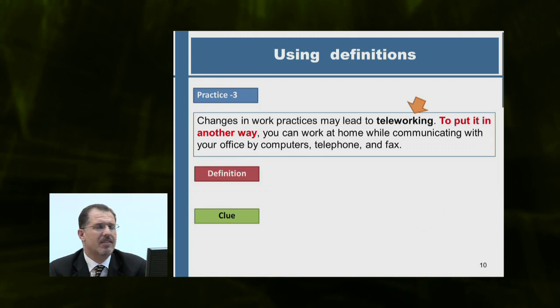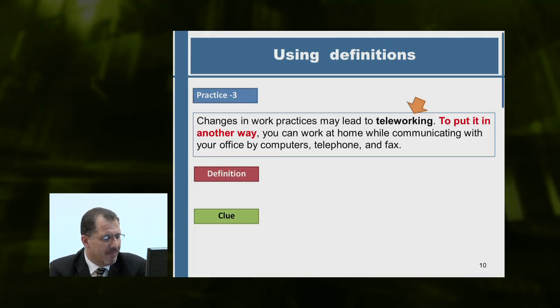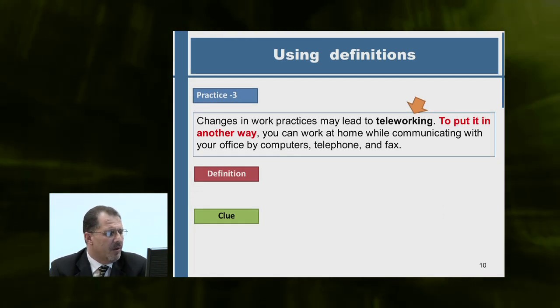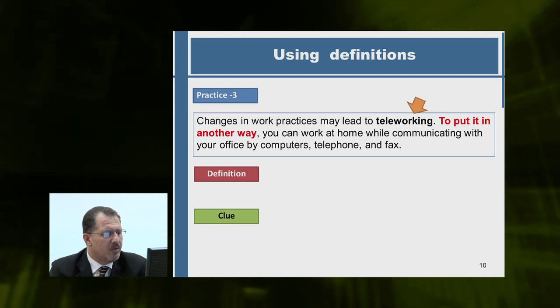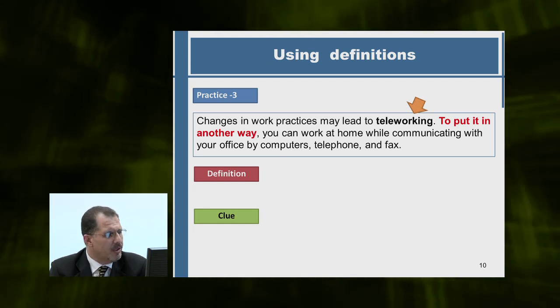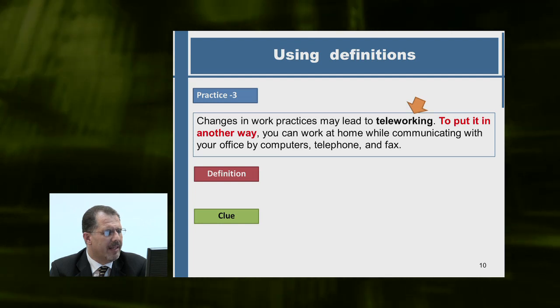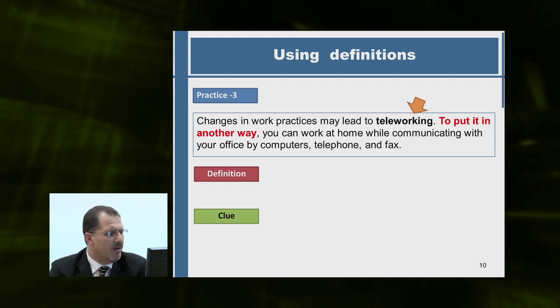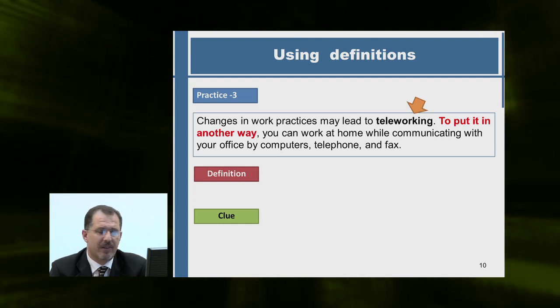Okay, now let's go to practice 3. Changes in work practices may lead to teleworking. To put it in another way, you can work at home while communicating with your office by computers, telephone and fax. Here we have the definition. What's the definition?